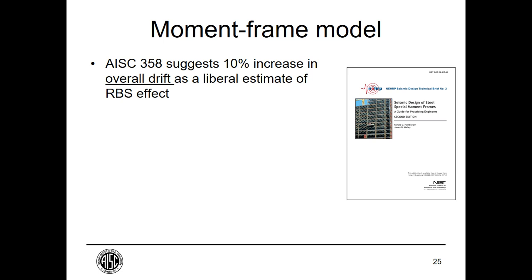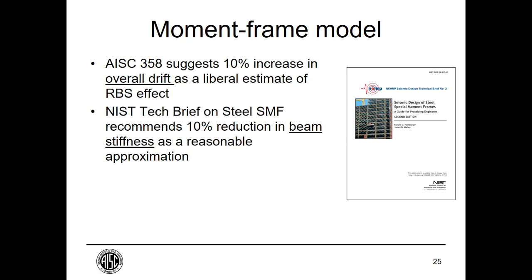In contrast to that, the tech brief says just increase the steel moment frame beam flexibility by 10%. Don't increase the column flexibility by 10%. So in other words, instead of increasing the overall drift, just model a beam that has 90% of the stiffness of the full beam, and that's a pretty reasonable way to go about it.